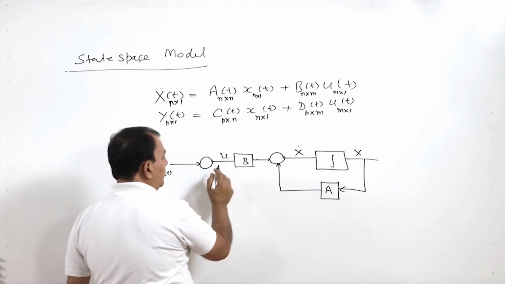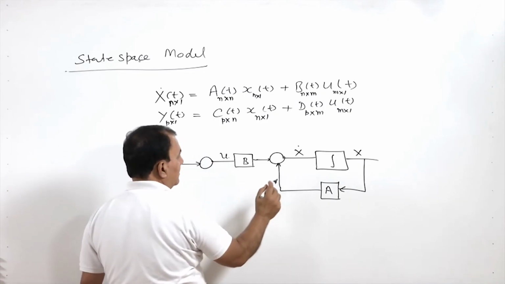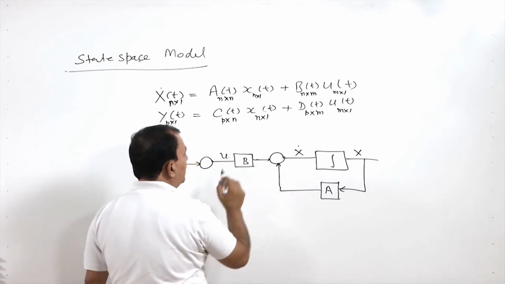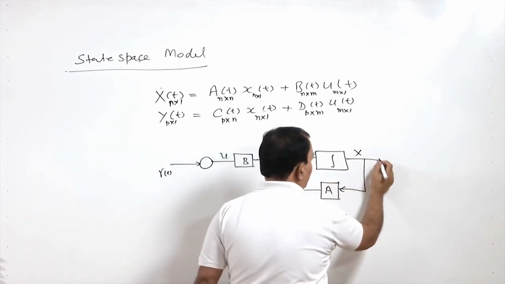So, R and U are the same in this case, x dot equal to Ax plus Bu. I am not writing the t in this case here.